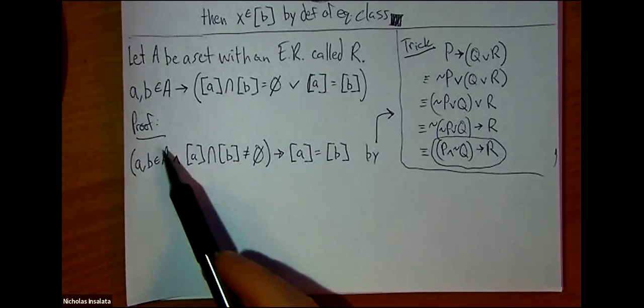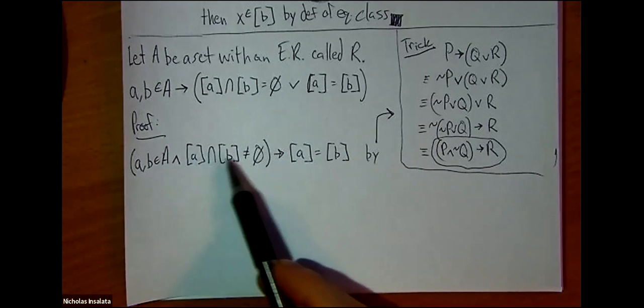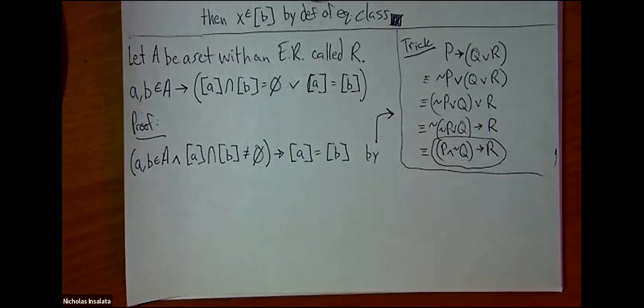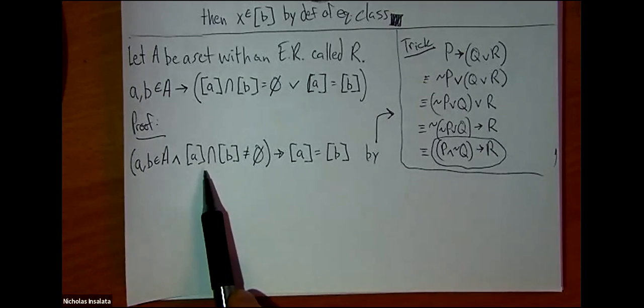So I've got A and B are elements of A. I've got that the intersection of their equivalence classes is non-empty. And I want to show that the equivalence classes in that case must actually be the same. What do I know if the equivalence, not a contradiction, not quite. It's going to be a straightforward proof.